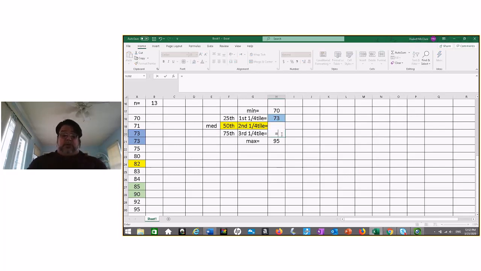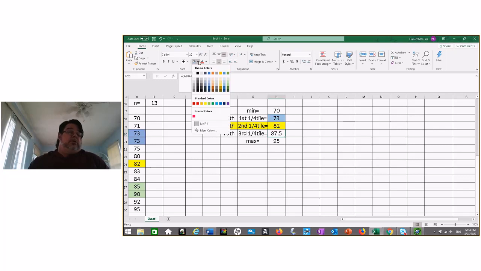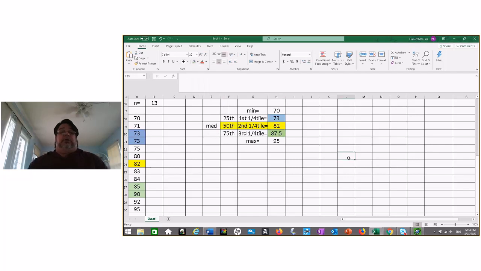And then this number plus this number divided by 2. And that's going to be that green that I used. And there's your 5-number summary.